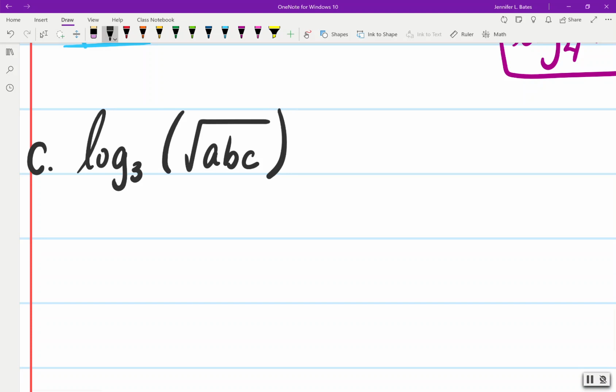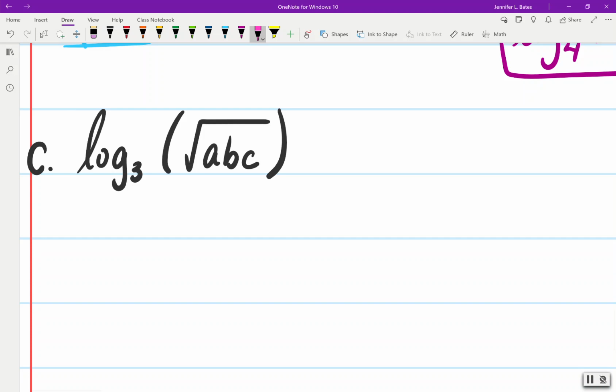Now, the way we get rid of a radical is we change this to exponential form. So I know that a square root is really the what power? If some of you are showing me that it's the second power, it's not the second power. What's the index number?